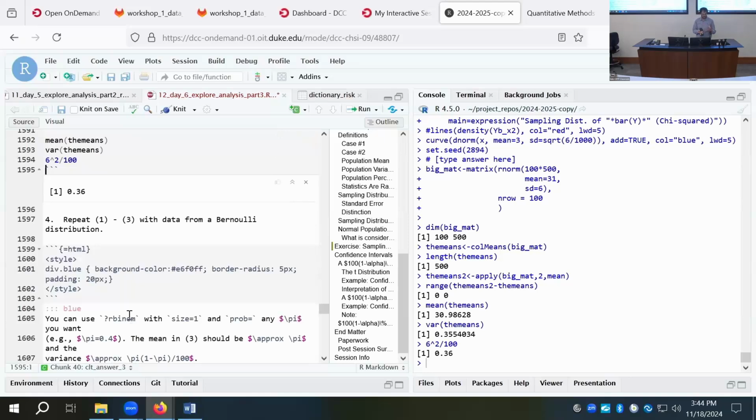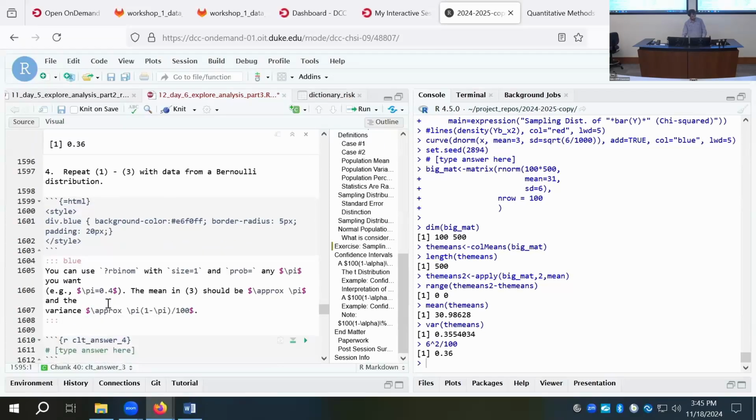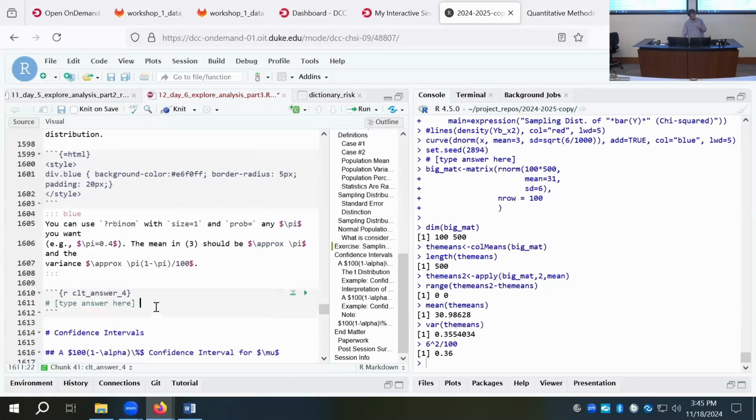Now let's do this for a random binomial, for Bernoulli. We're going to generate a big Bernoulli, big bern.